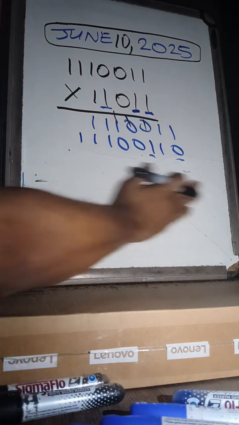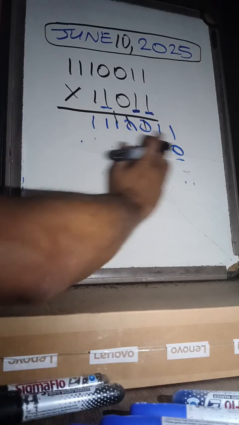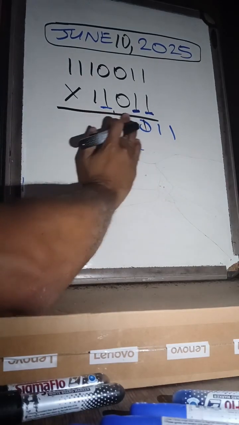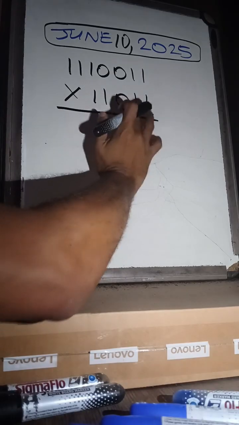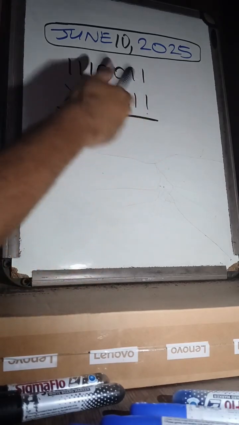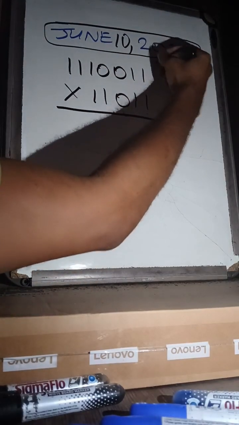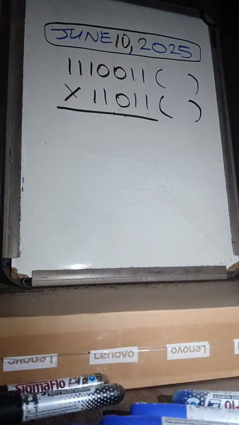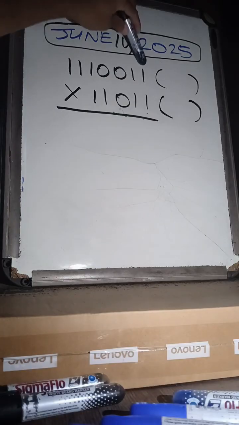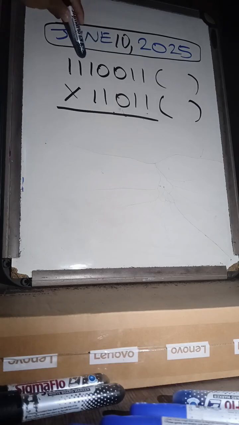The way that I'm about to show you. So, this is what I would do. Right? This is what I would do. So, let me put a bracket here and a bracket here. Now, 1, 2, 4, 8, 16, 32, 64.